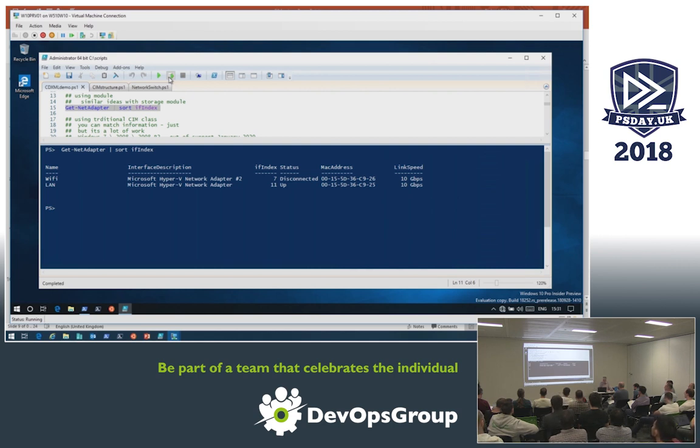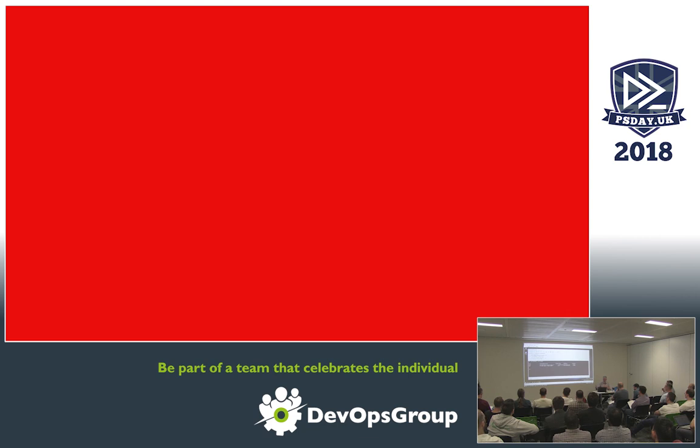When I first looked at this, I was annoyed, or more than annoyed, because it uses this interface index, whereas all of the CIM classes in the past, if you look at Win32_NetworkAdapter, it uses a device ID, which starts at 0 and works up, and has no relationship to the interface index. Joined up thinking, yeah. It shows you the status and the MAC address and the link speed, the sort of things that you want to get.